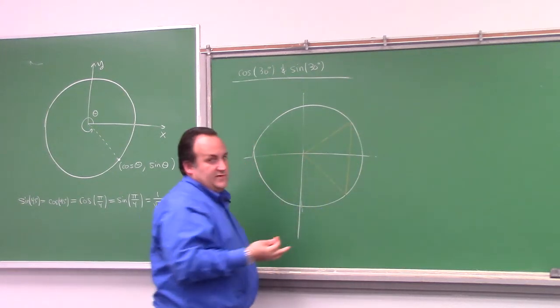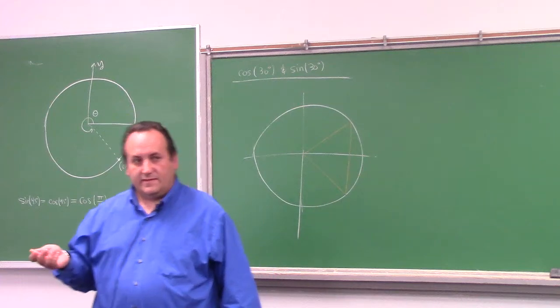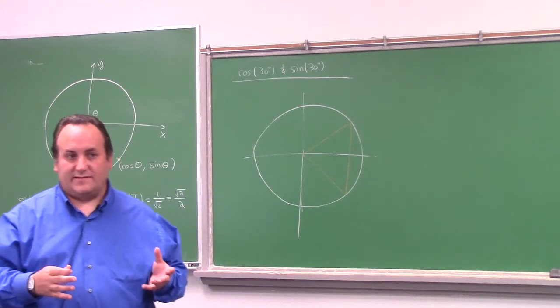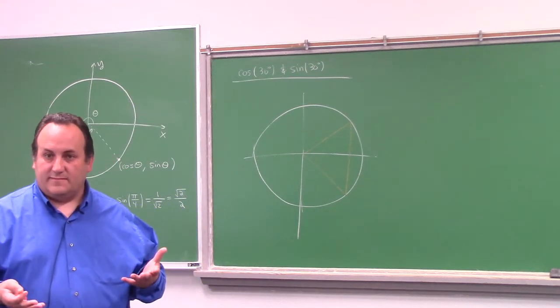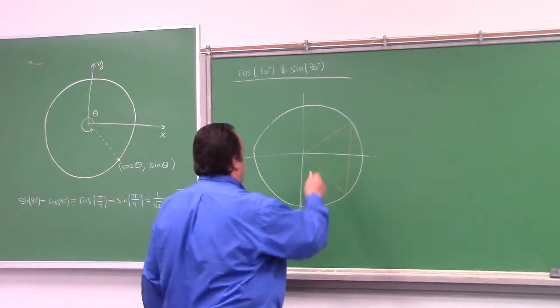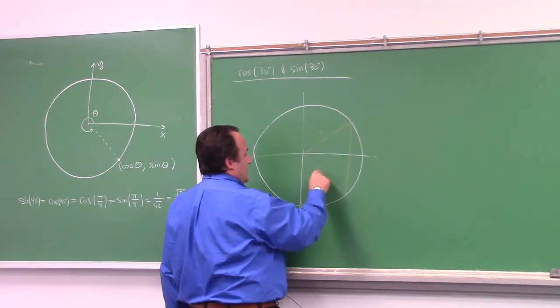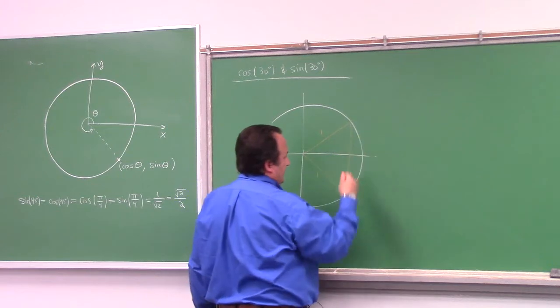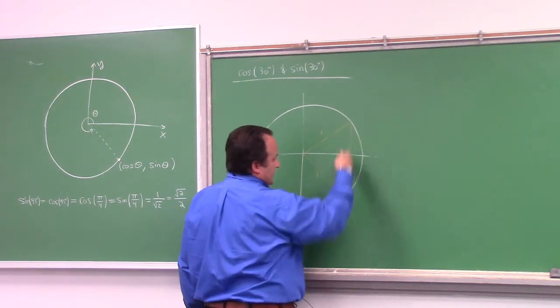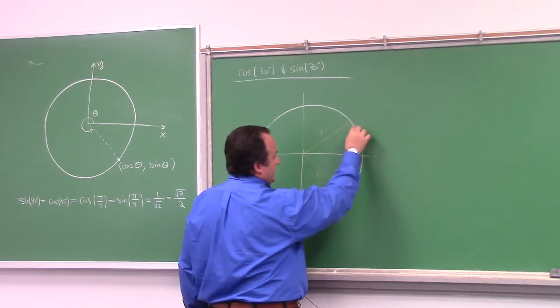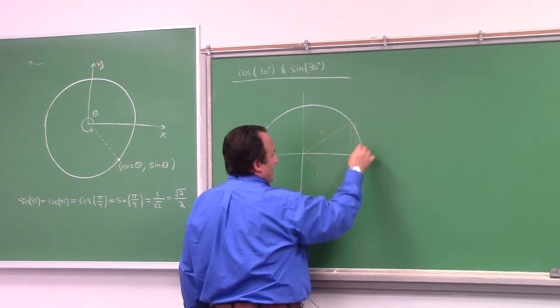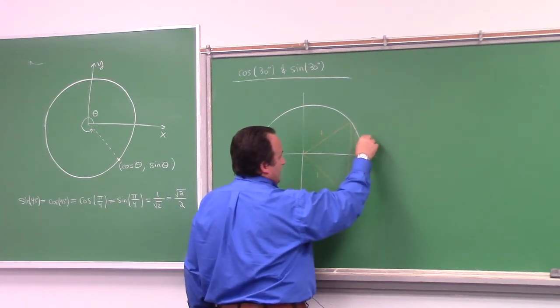Now this is the unit circle, so the length of each leg of the triangle is what? It's 1. So this is 1, this is 1, and this one's also 1. So if the whole length is 1, what's the length from here to here? 1/2.